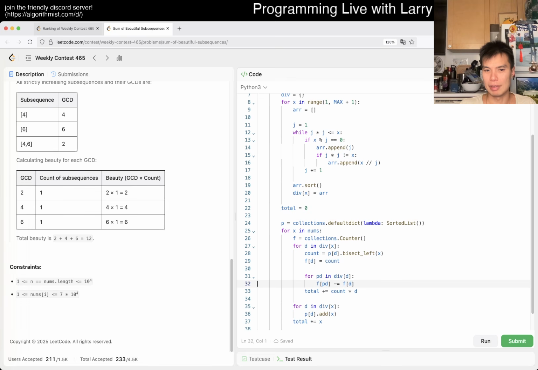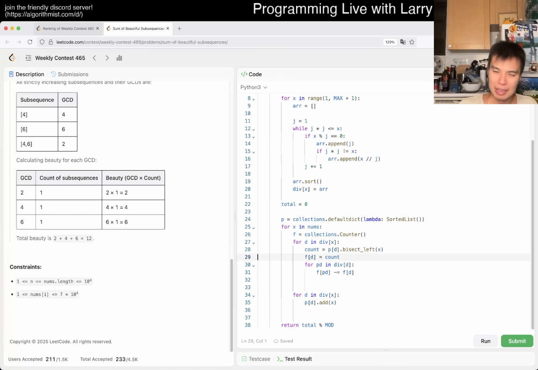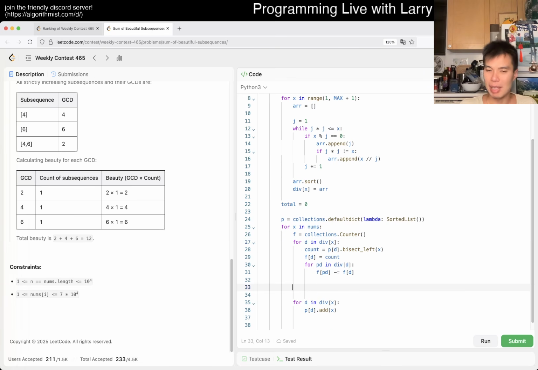So those are not unique anymore, so we don't do this. And the reason why I didn't think about this is because during the contest, or even earlier, I thought this would time out. So I was trying to optimize it, but for now, I just want to do it this way.